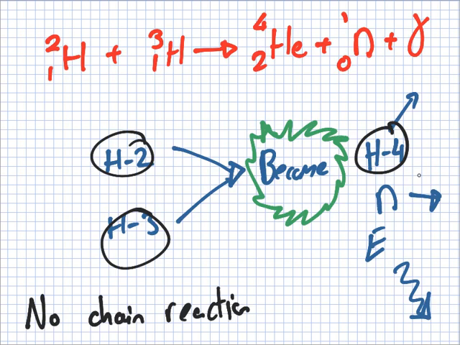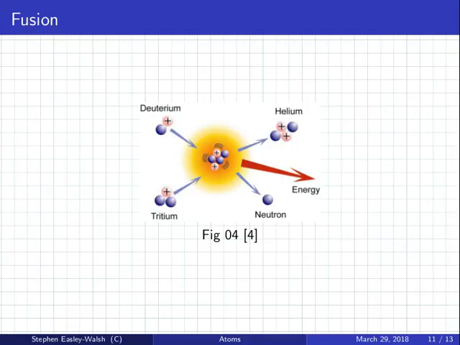Before we look at that, just a definition here. By the way, hydrogen 2 is an isotope, and hydrogen 3 is an isotope of hydrogen. These isotopes have names, and I don't know if you know this from chemistry. Hydrogen 2 is called deuterium. And hydrogen 3, tritium.